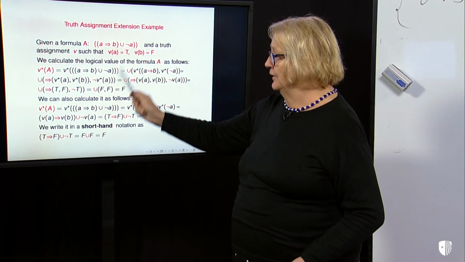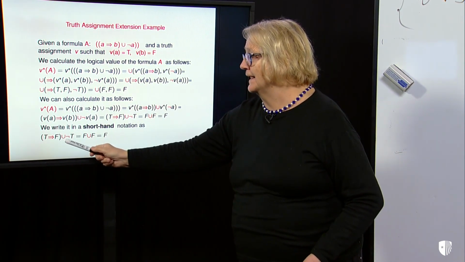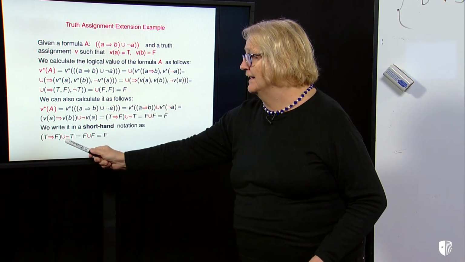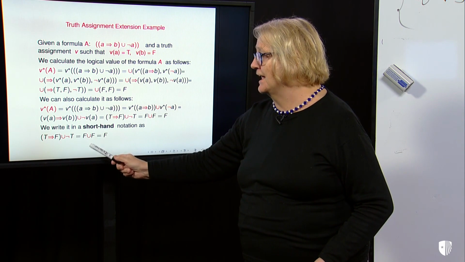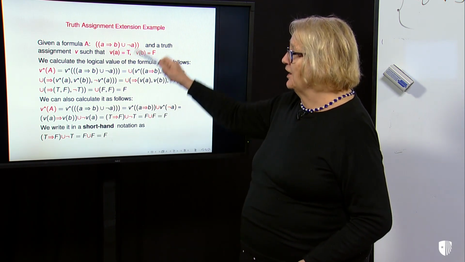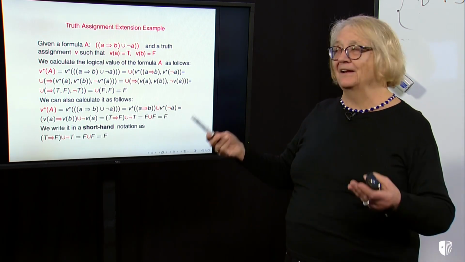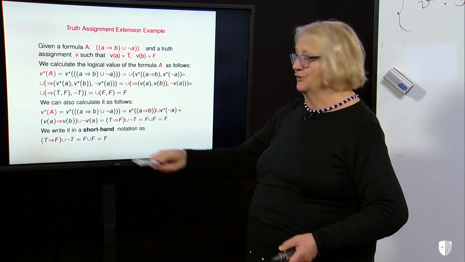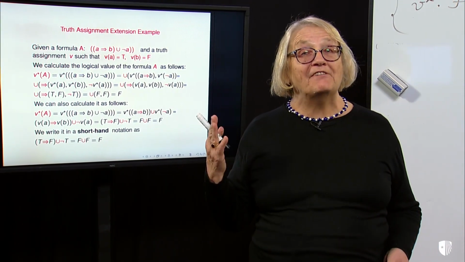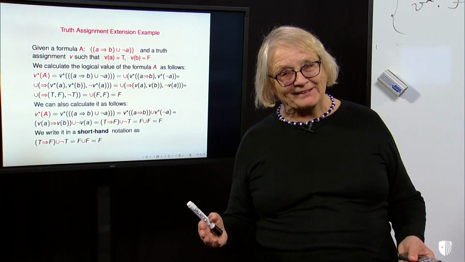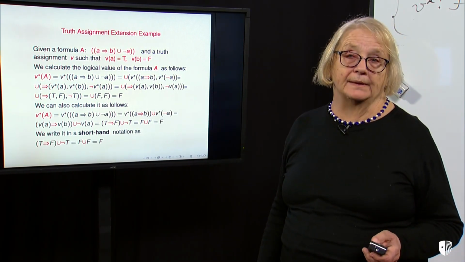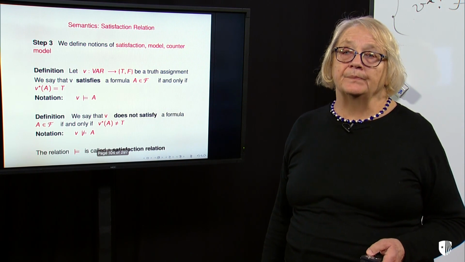Now I know that T implies F is F, negation of T is F, and then F or F is F. All this is your formal shorthand notation. You are right to write the shorthand notation if I ask you to, but you need to have things defined properly if you want to prove things about it.